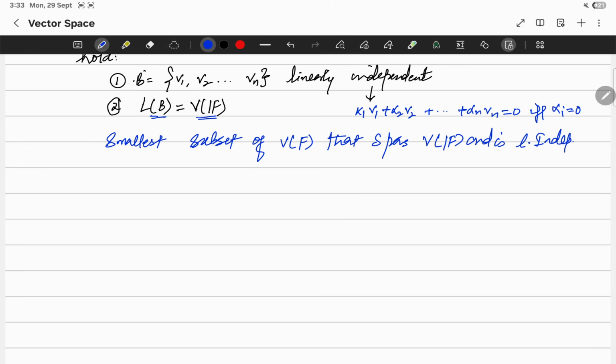So it is the smallest linearly independent subset such that it spans the whole vector space. This is the first condition.